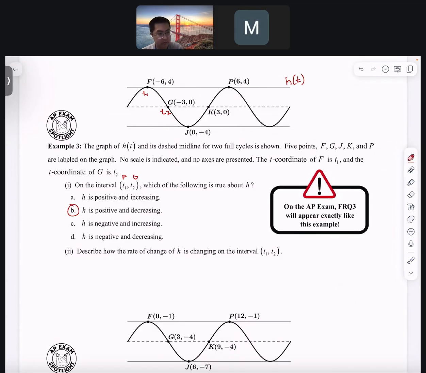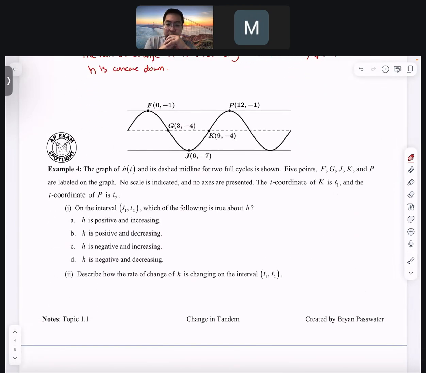So here is how you write this information: the rate of change of h is decreasing because the graph of h is concave down. Whenever they're talking about the rate of change, you have to look at the function's graph and its concavity, and that would help you out.